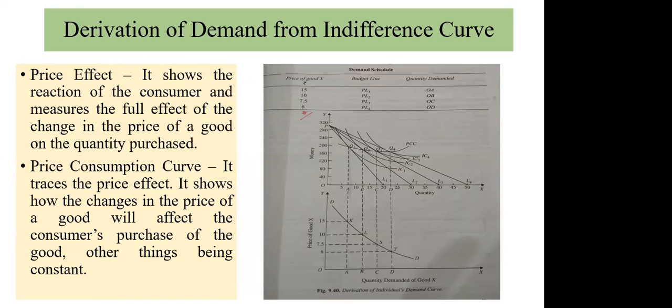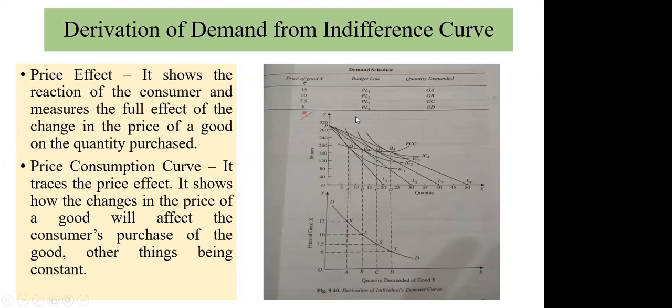Now, to understand how we can derive the demand curve from the indifference curve, we'll look at this graph which I have given here. Suppose I am a consumer with an initial income of rupees 300, and I want to buy good X, whose price at present in the market is rupees 15. So for 300 rupees, I can only buy 20 units.